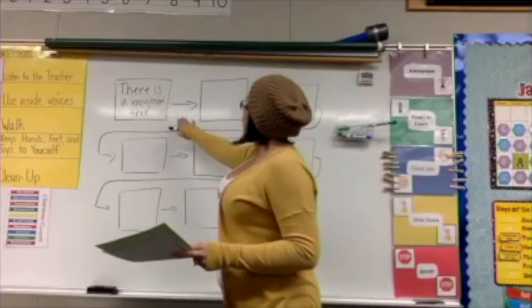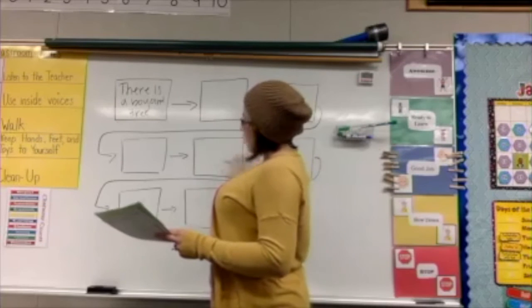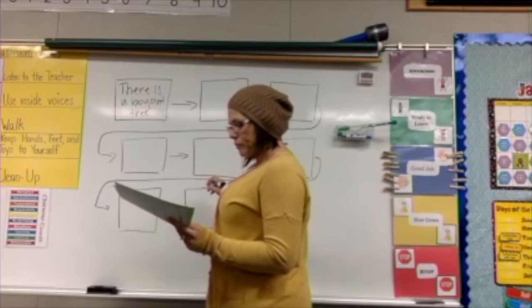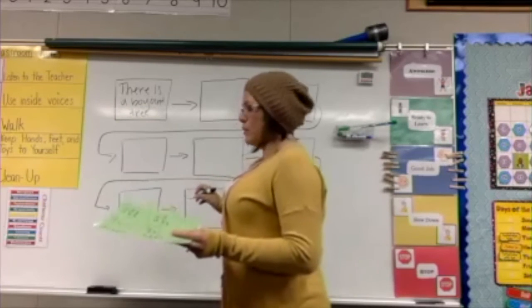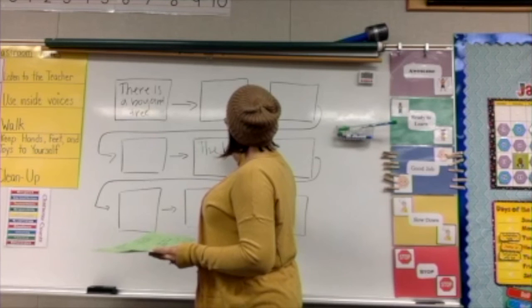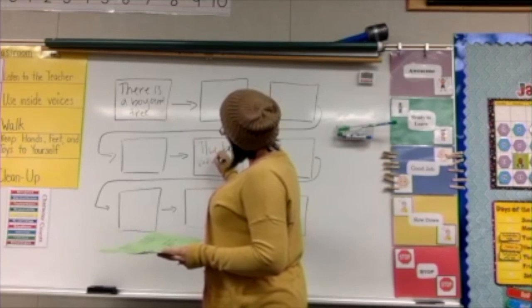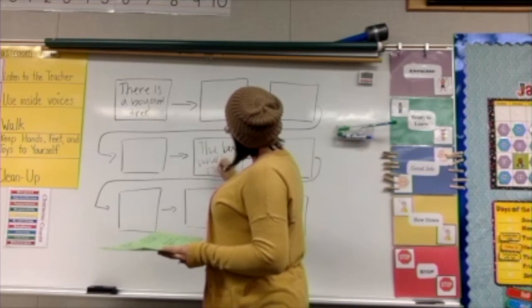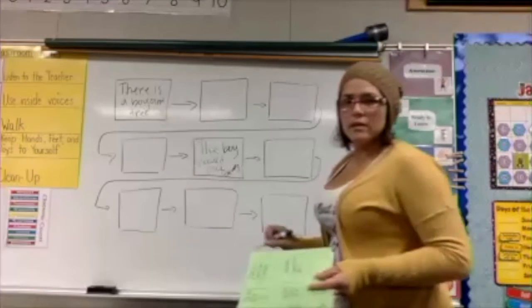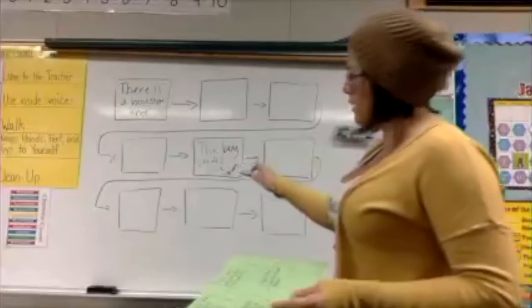And then you can go further on in the book, and then you can say that the boy would pick leaves to play with. And you keep going on until the end of the book.